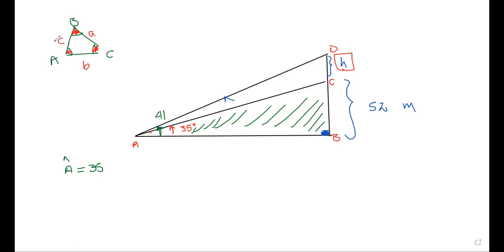What we learned yesterday, without proving it at this stage, is that the sine of any angle over the length it is facing, for all three angles, these ratios are going to be equal.